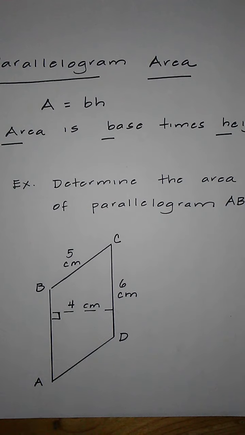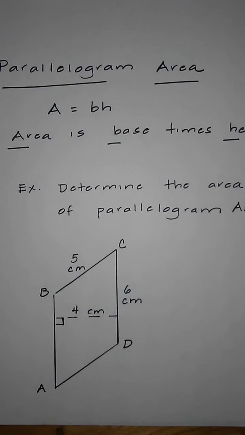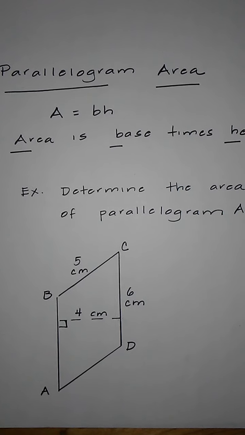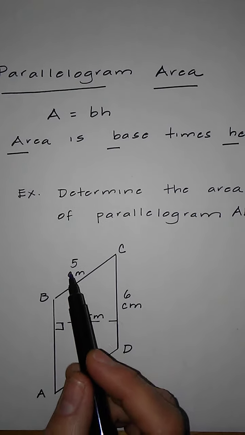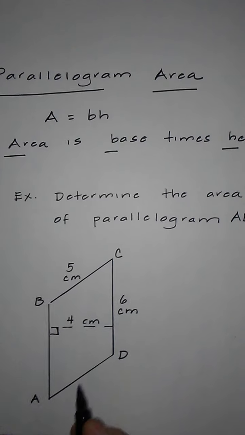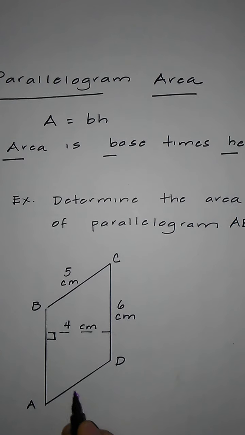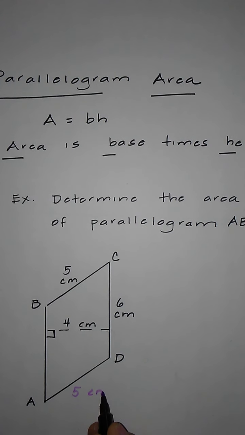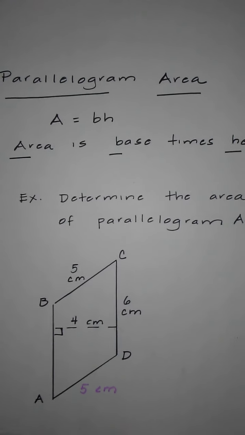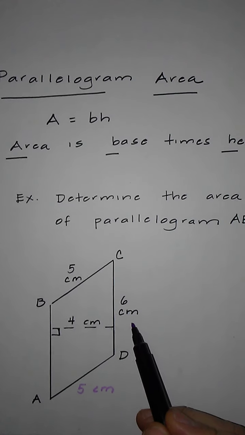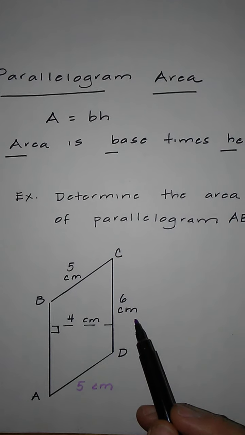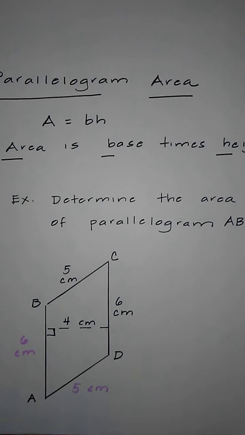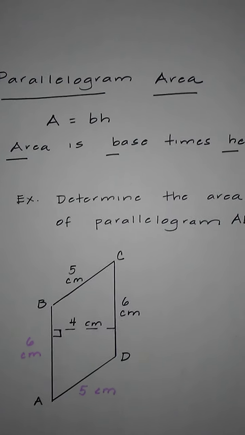Please remember that the opposite sides of a parallelogram are congruent, and that can be helpful for this calculation because besides having the dimension of 5 centimeters here, we can also label it here on segment AD. And the dimension 6 centimeters for segment CD can also be written here for segment BA.